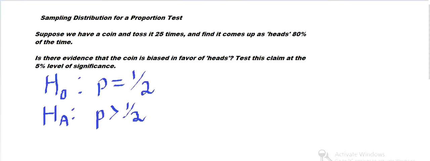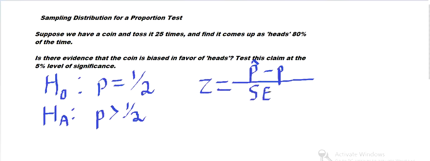Now we want to carry out the test. We've got a proportion test, so we always use a z value. The formula is: z is our sample proportion minus the hypothesis proportion, divided by SE, the standard error.